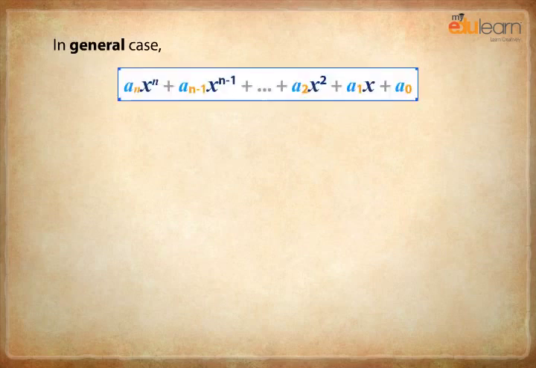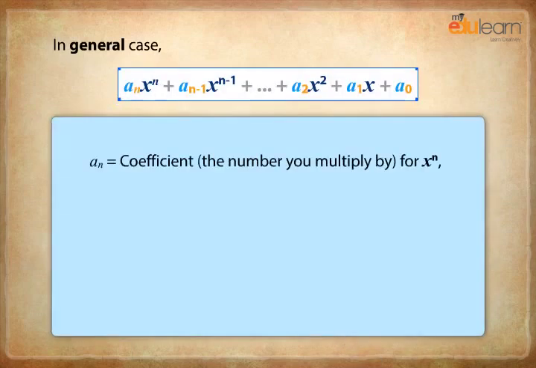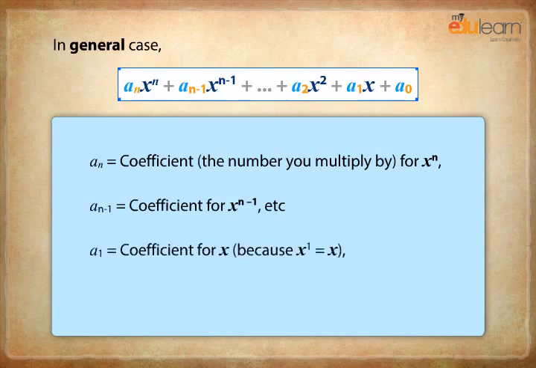In the general case, now we can say a n is the coefficient, the number you multiply by, for x raised to n. a n minus 1 is the coefficient for x raised to n minus 1, etc., down to a1, which is the coefficient for x because x raised to 1 is equal to x, and a0, which is the constant term because x raised to 0 is always equal to 1.